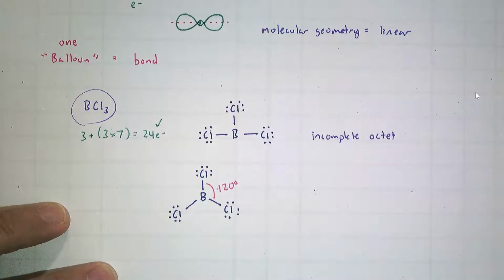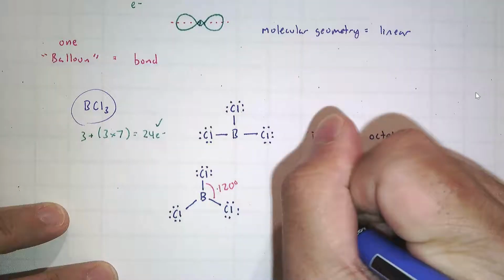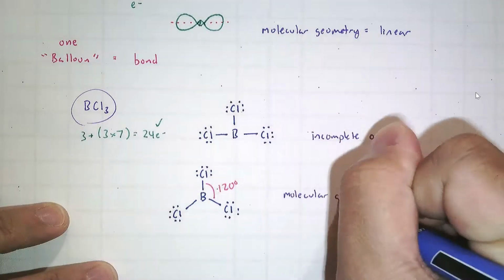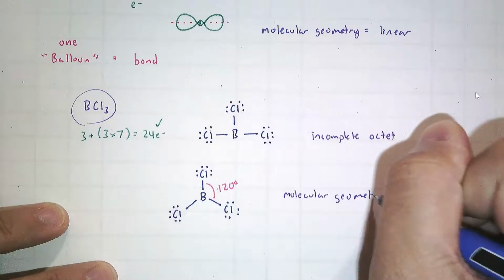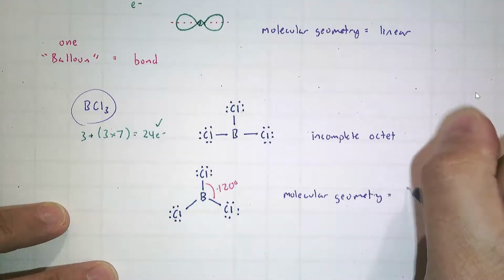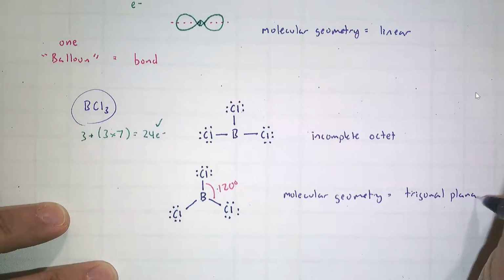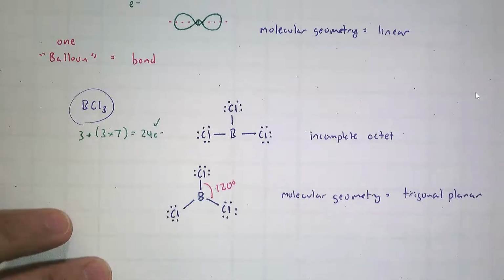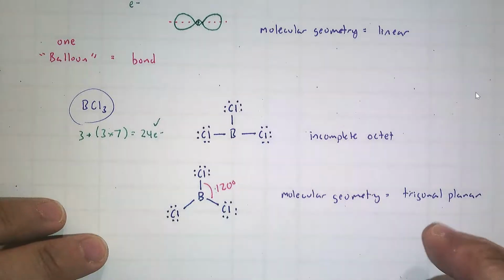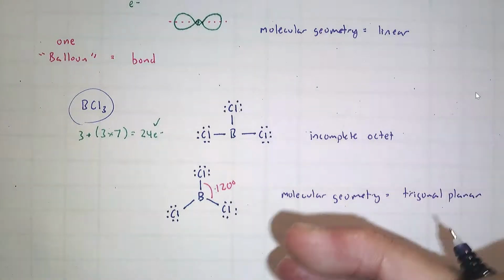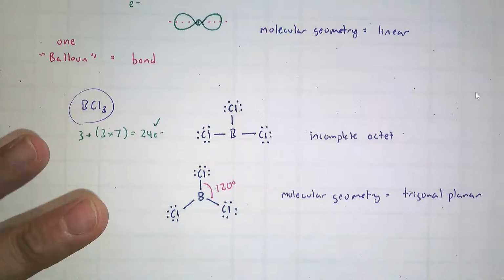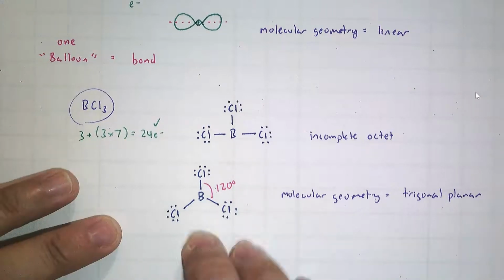And the molecular geometry is called trigonal planar. In a video, probably the next one or the second one after this, we're going to go over the shapes. But right now, calling this trigonal planar.